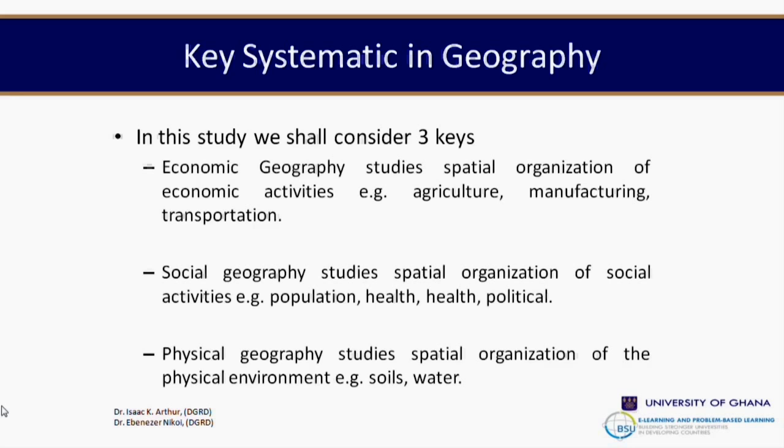So in this sense, they will look out for specific themes in relation to, let's say, agriculture. So what are the specific food products produced in a particular area, right? They would also look at specific manufacturing activities that are taking place. They could decide to look at the flow of a particular form of transport within a particular area.